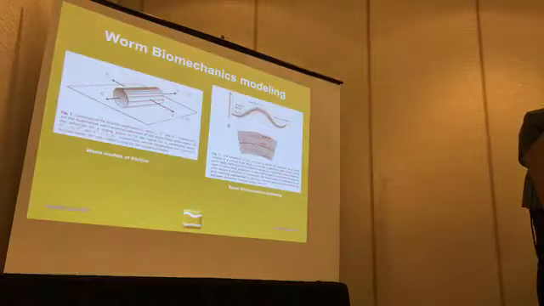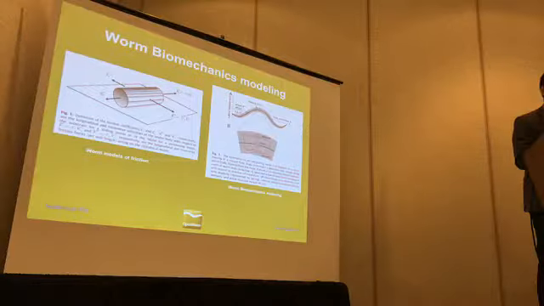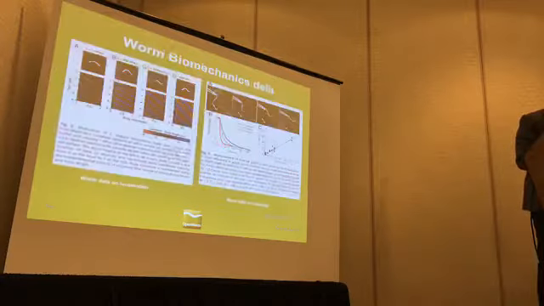It turns out that a large part of the C. elegans biology field has done a lot of biomechanical studies on the worm to understand things like its frictional forces when it crawls around on a dish, and the elasticity of the worm itself as you bend it.